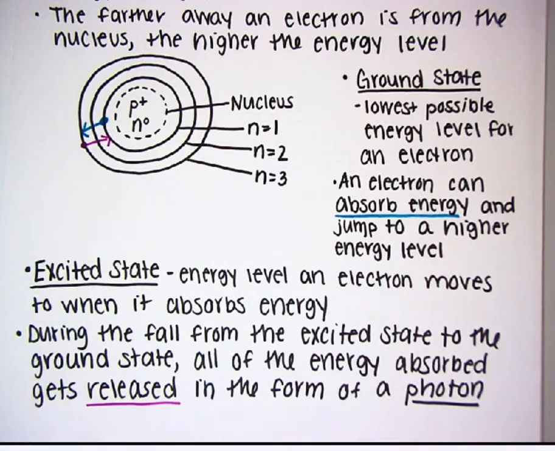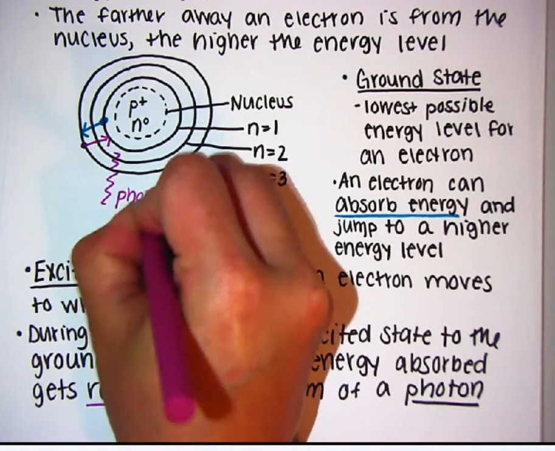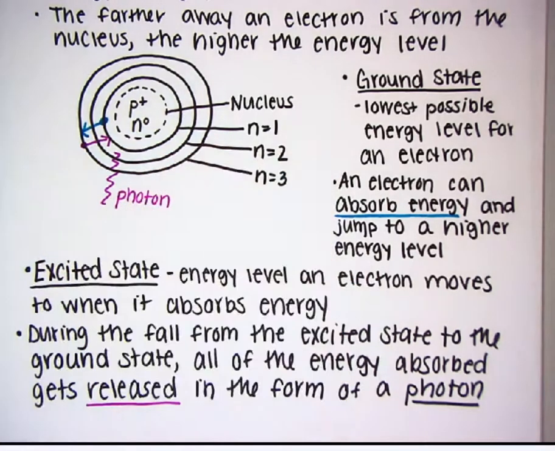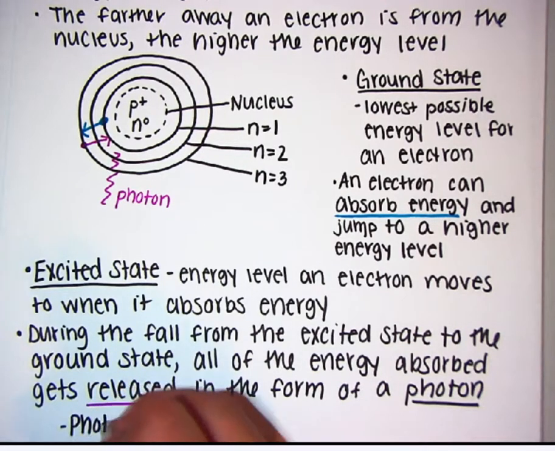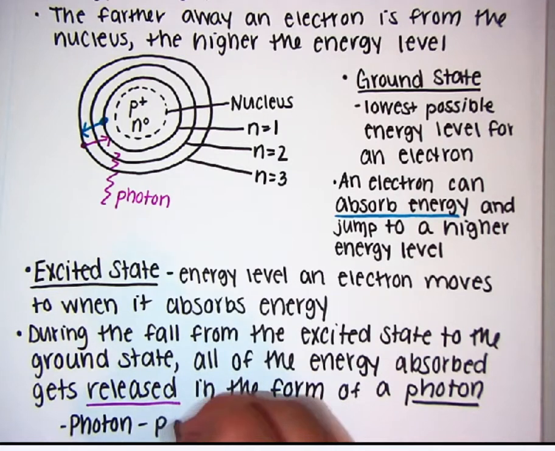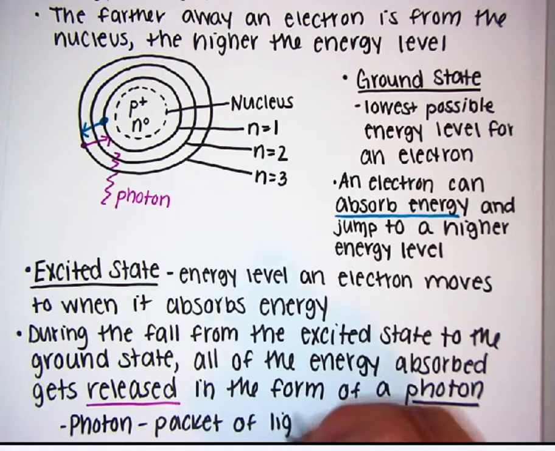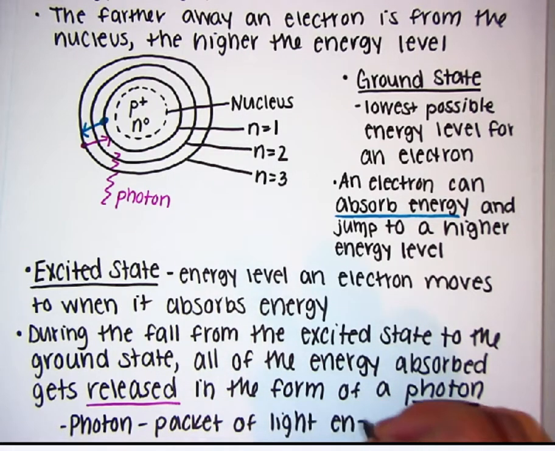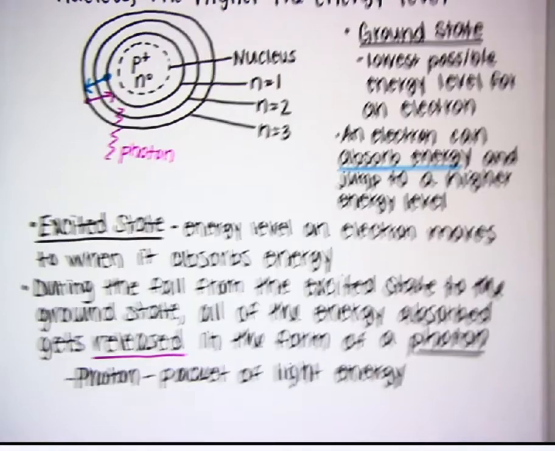That energy has to go somewhere, and it is going to get released in the form of what we call a photon. A photon is just a packet of light energy. So when that electron releases energy, we are going to see light.